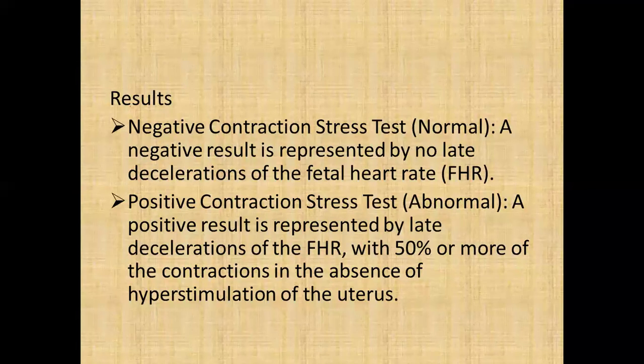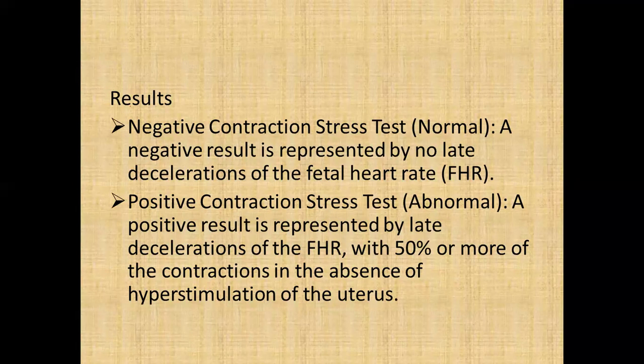And so for such a fetus, the woman will need to undergo cesarean section for the baby to be taken out. If you try to allow the woman to go through normal spontaneous vaginal delivery, you are going to have complications developing at the end of the day. And so that is on contraction stress tests.